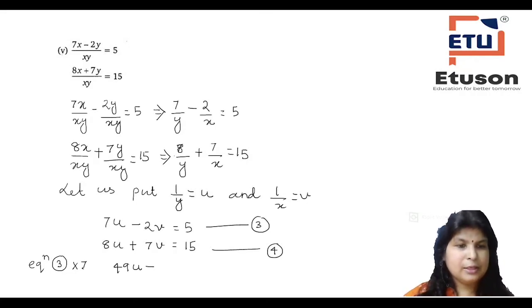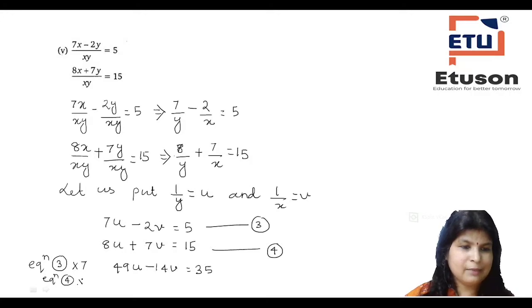Correct or not? Then 7 into minus 2v becomes minus 14v. 7 into 5, that is 35. Now equation 4, I will multiply it with 2. If you multiply with 2, you will get 16u plus 14v equal to 30.